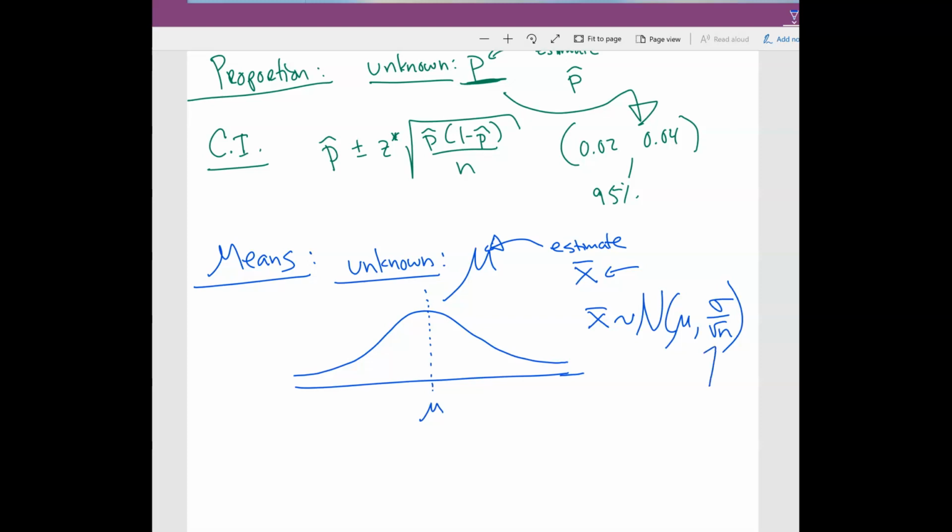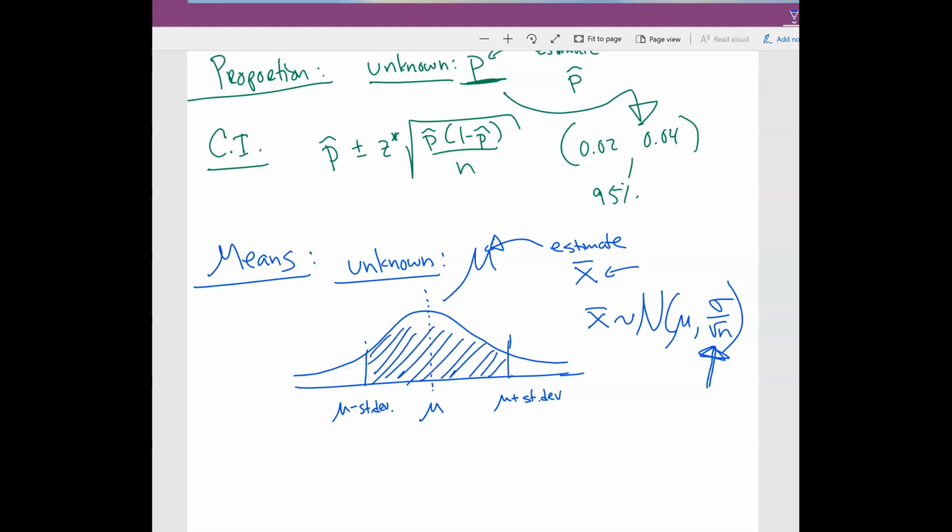Because I know this is the distribution of x bar, I'm going to take one standard deviation over. I'm going to subtract the standard deviation and add a standard deviation, and this is going to give me a certain percentage of confidence.